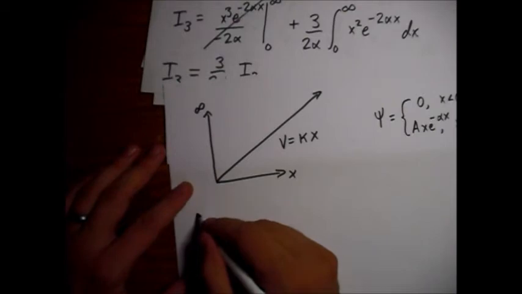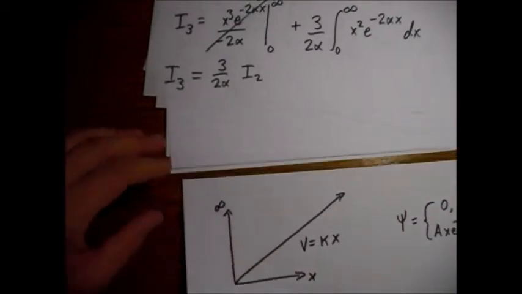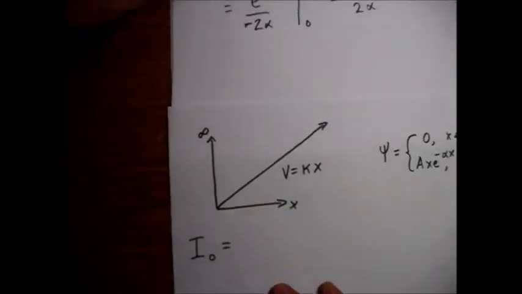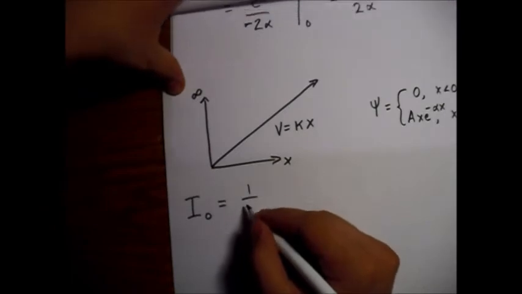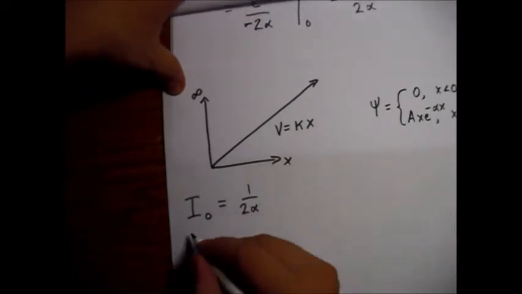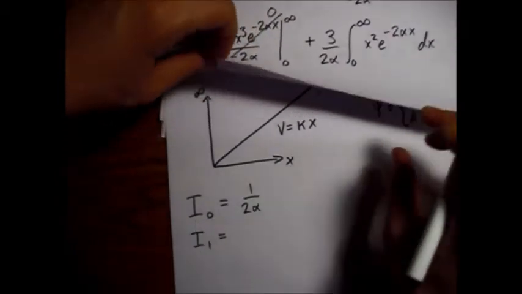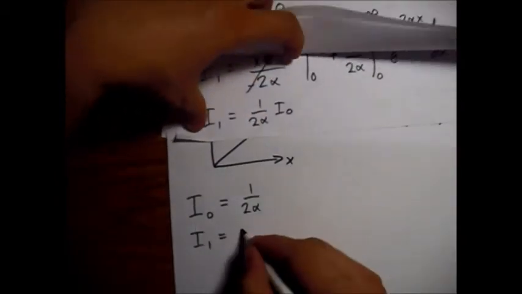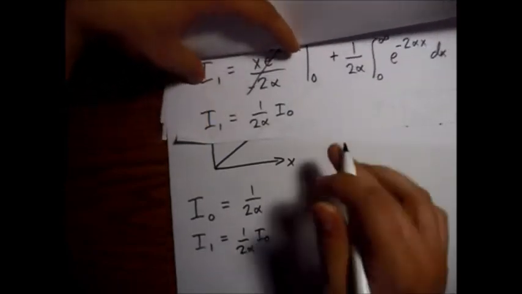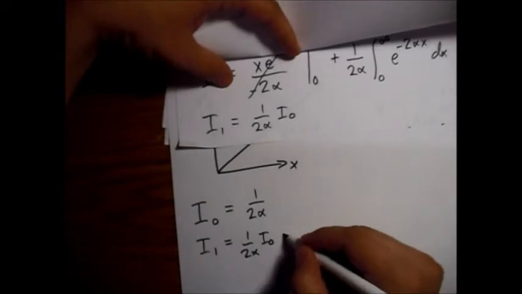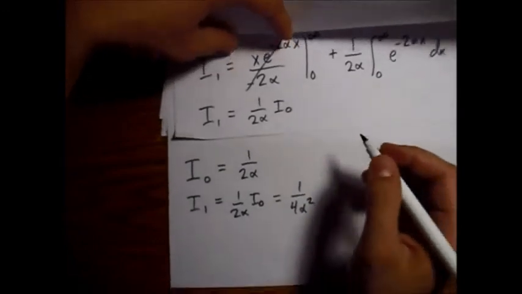All right, so let's just write a summary of what we found here. I0 is equal to 1 over 2 alpha. I1 is equal to 1 over 2 alpha multiplied by I0, which is equal to 1 over 4 alpha squared.